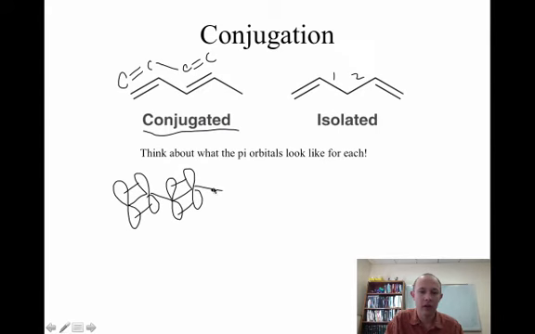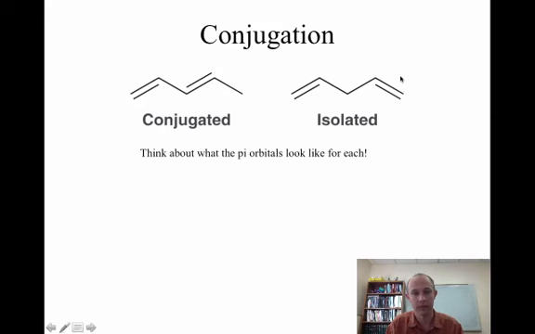So one might hopefully expect that these electrons can kind of diffuse throughout all the p orbitals. And as we've said with acid-base chemistry, the more that we can spread out electrons, the more stable that these things are going to be. So what we're going to find is that conjugated pi bonds are more stable than isolated pi bonds, just because we're spreading out the electrons more.